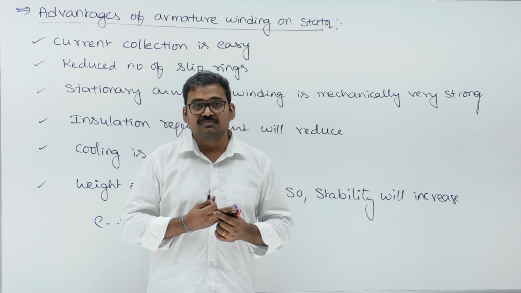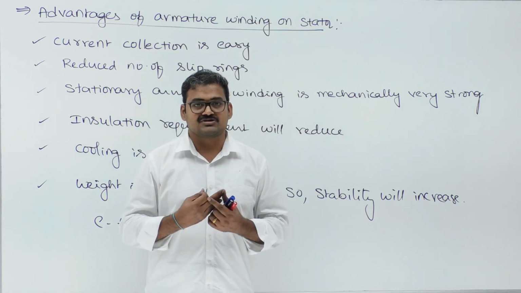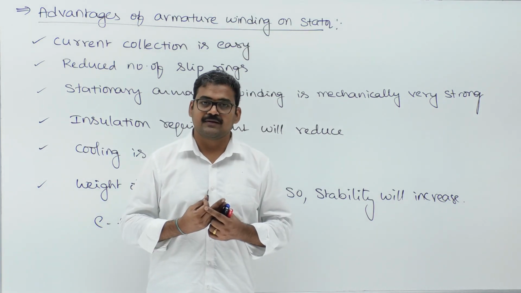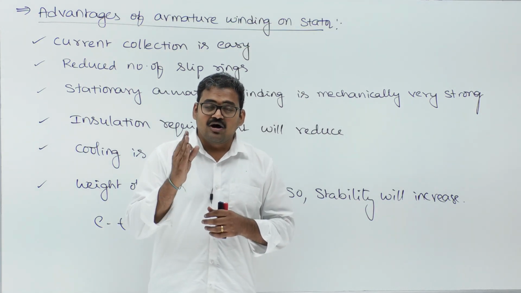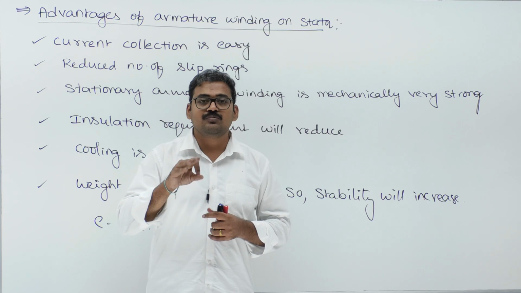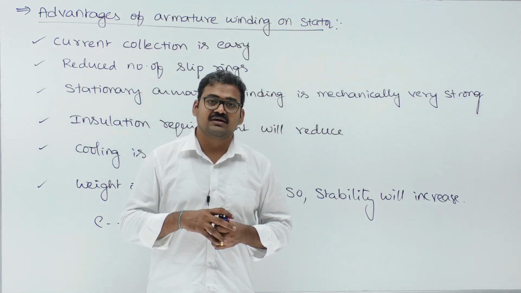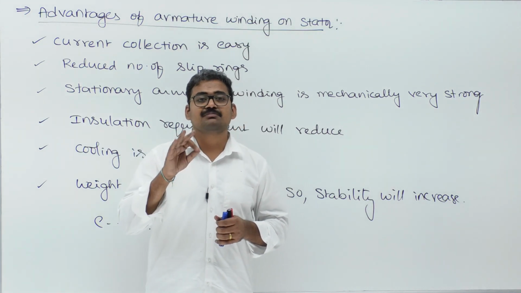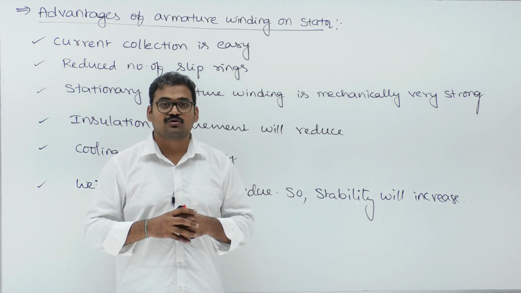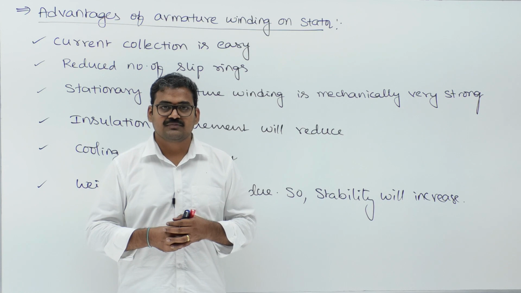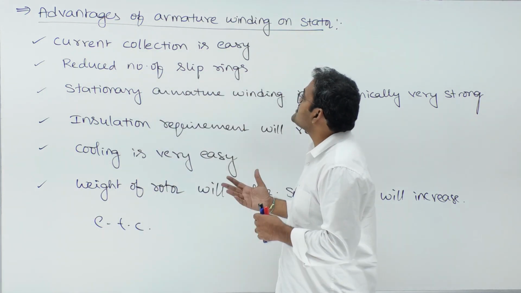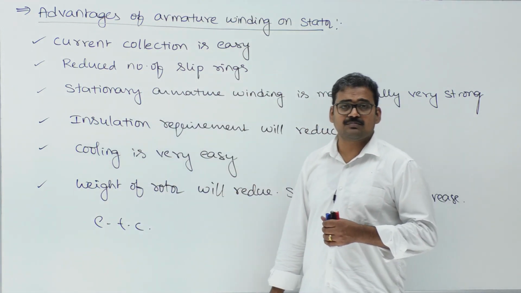And armature winding may be a star or a delta connection based on the voltage capacity. But to generate balanced voltages, slots divided by 3 should always be an integer, or you can say slots should be an integer multiple of 3. That is another important point. And always semi-open slots are recommended. And these are the various advantages if armature winding is on the stator part of the machine.